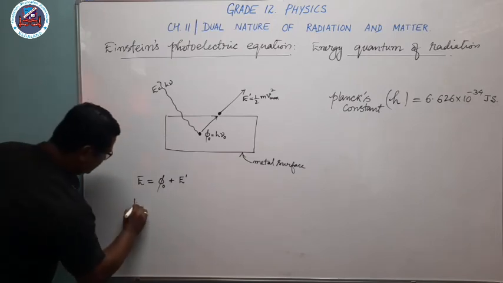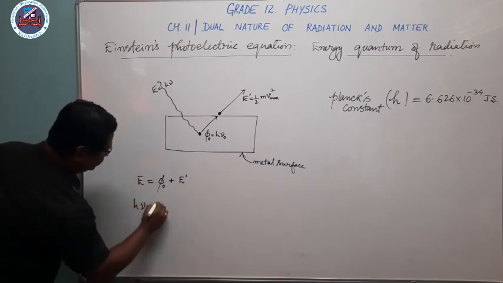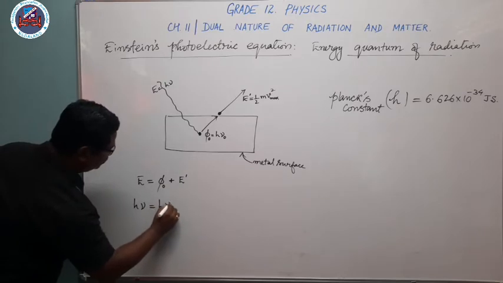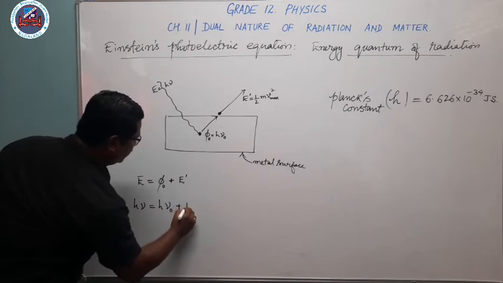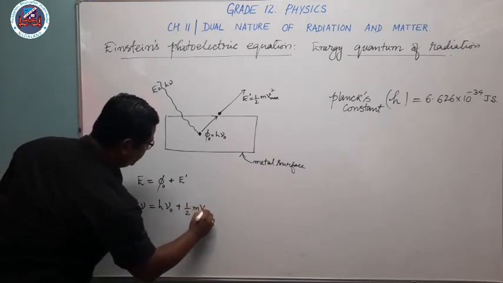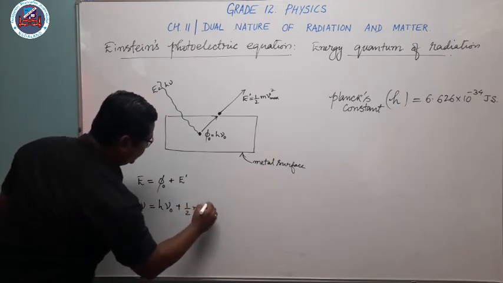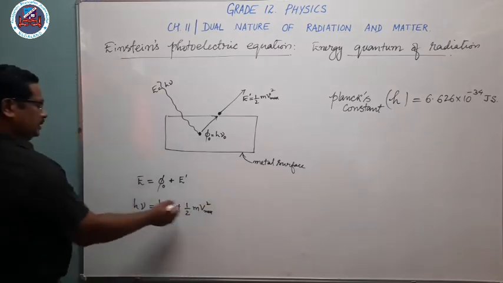Or we can write it as h nu is equal to work function h nu naught, plus E dash, which I am representing here as the maximum kinetic energy, half m v maxima square, the maximum velocity of the electron squared.